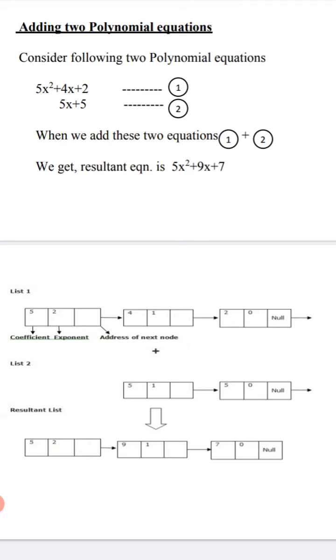Each term is specified as one node. The first equation has three terms, so three nodes. The second equation has only two terms, so only two nodes. We add these two equations to get the resultant equation in the linked representation.